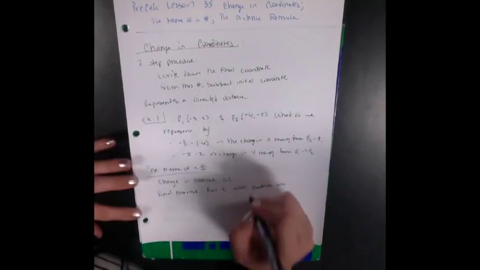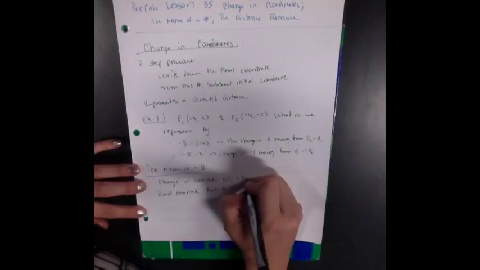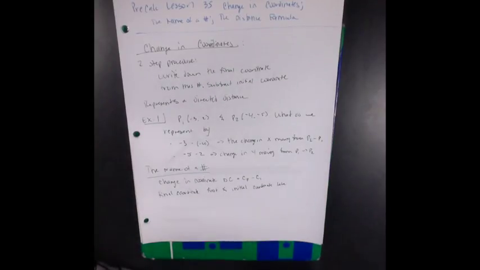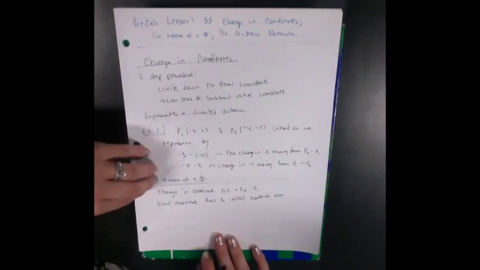So delta C is going to be the final coordinate minus the initial coordinate. So let's do an example with this.